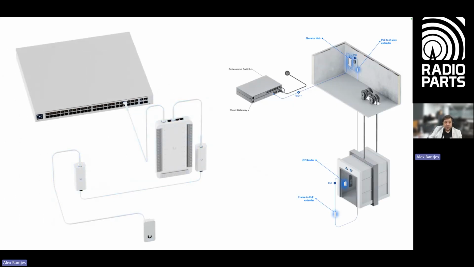Recently, Ubiquiti has also started looking at more building automation style controllers, and they have a hub that's meant for elevators. This is another one of those things where people want access control in elevators, and if you look at hotels today, most of them require you to use an NFC card to get access to certain levels.